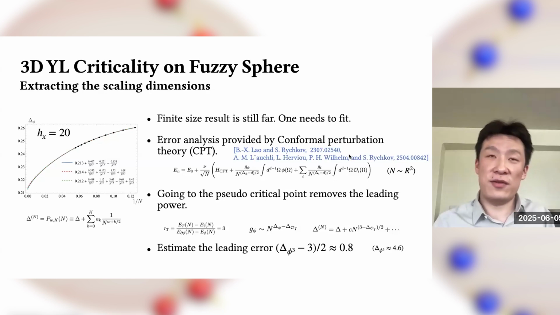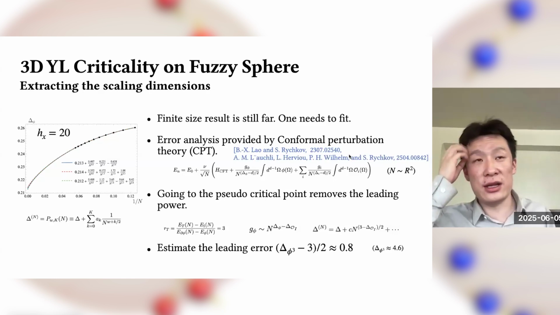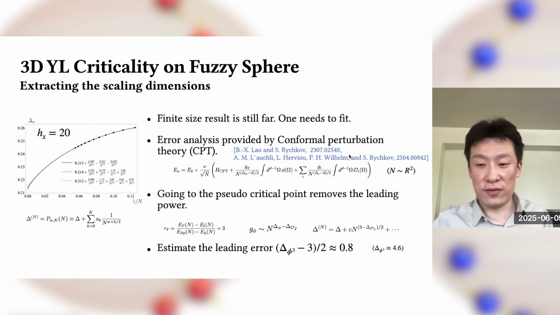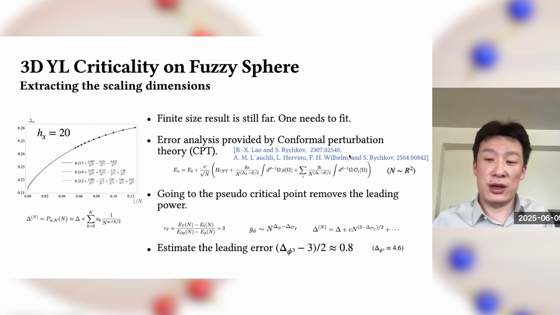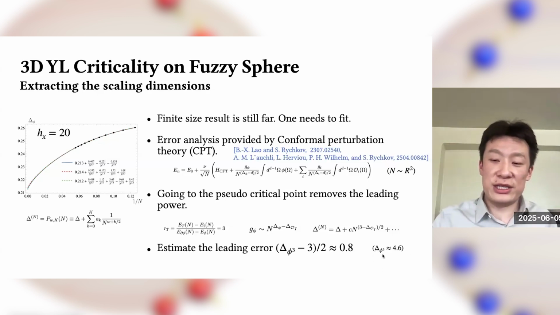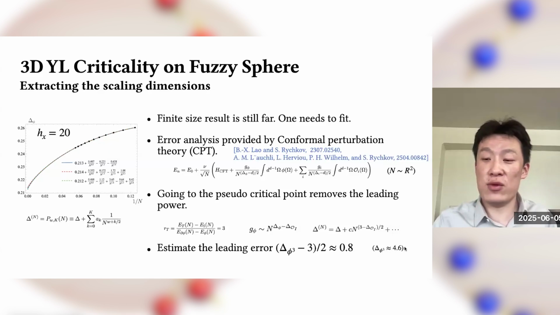From the 6 minus epsilon expansion, which gave us the scaling dimension of the phi cube operator, roughly 4.6, that one should be the leading one. If we plug that in, we can estimate the leading error falls off as 1 over n to the 0.8. So we use that piece of information in our fit.